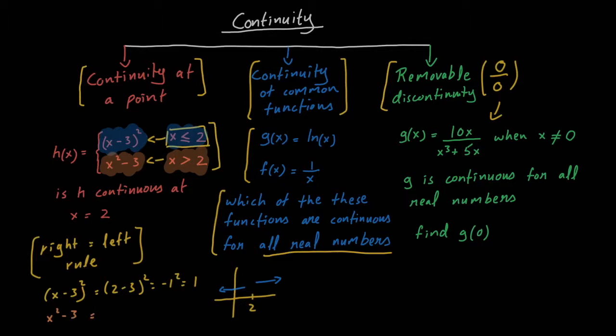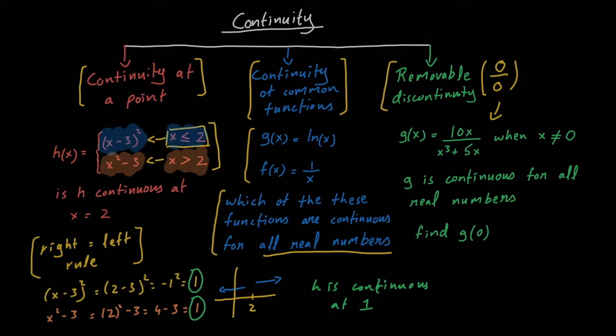So we will simply plug in 2 and get 2 square minus 3, which is 4 minus 3, which is 1. Now here you can see that the left and the right sides are equal, both are 1. Hence, we simply say that h is continuous at 1.